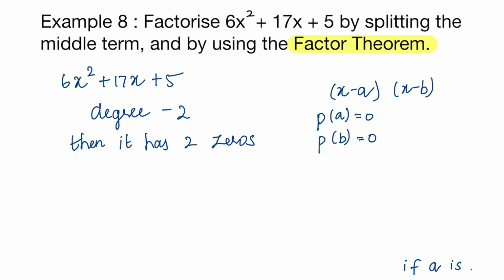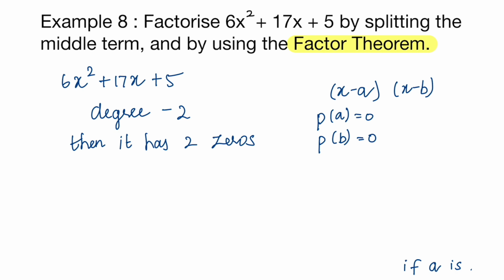So you can have two factors, x minus a and x minus b, for a quadratic polynomial, right? Quadratic polynomial in the sense it's of degree 2. So x minus a and x minus b can both be factors. Now keep this in mind.